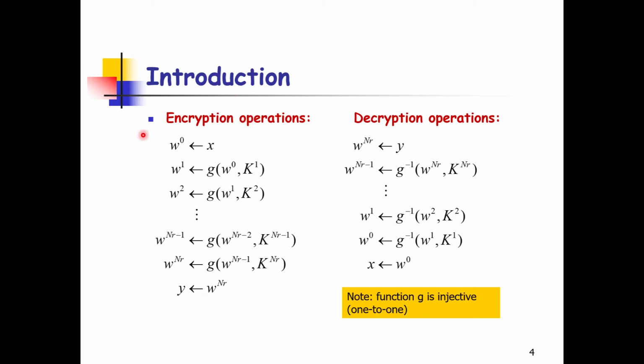This is done in the sender part and this is done in the receiver part. In the sender part, encryption is done. We take the plain text and put it in W0, and here there is a round function that will generate a cipher, and each time it generates a cipher n times till we get the final cipher to transfer through the medium.